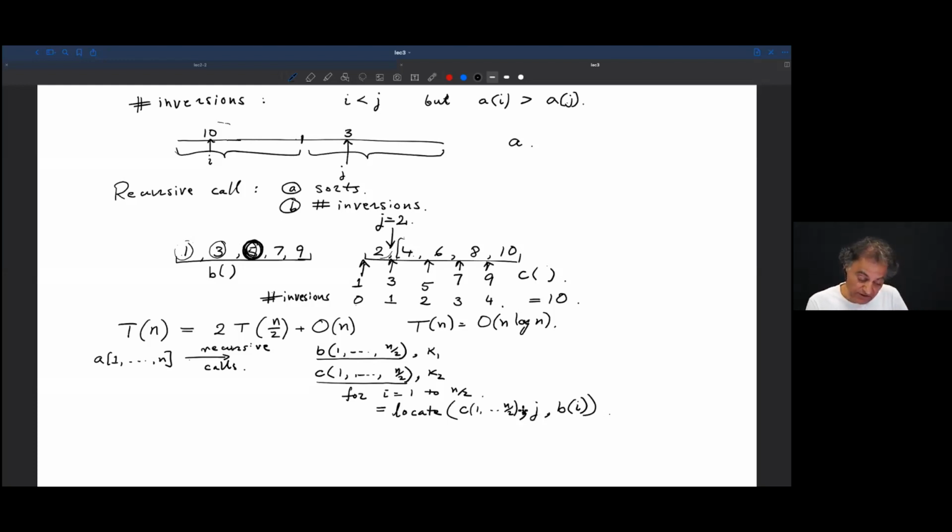Now at this point, B of i in our example would be equal to 5. And so we'd go ahead and locate it, and it would give us back a new index. The new index it would give us back is j equal to 3 in this case.